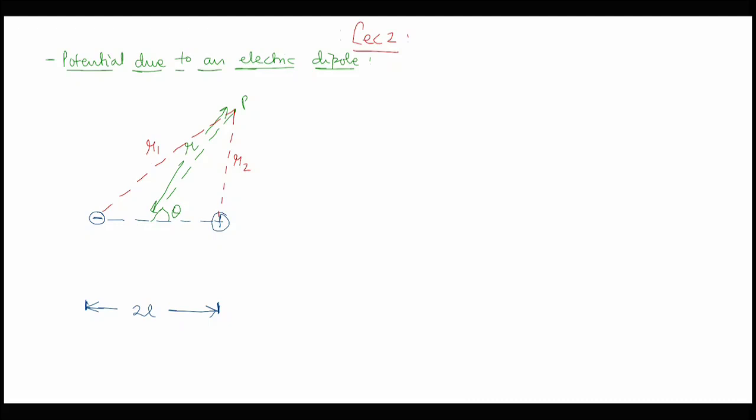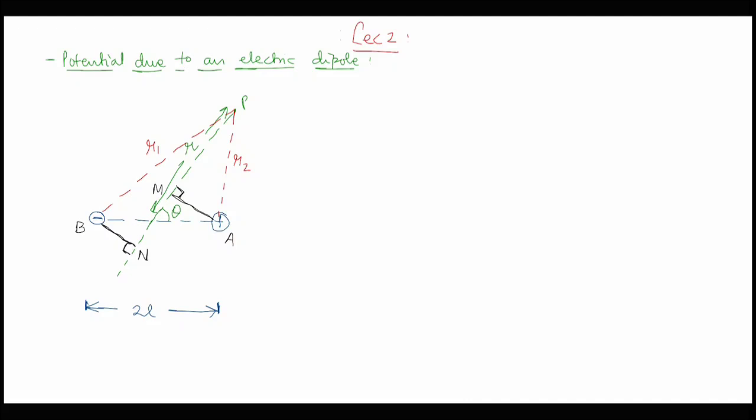If we produce this line in the backward direction, which is the central line, and if we say that the dipole is very small in comparison to the distance r, over here I can draw a perpendicular like this from the negative charge and a perpendicular like this from the positive charge, and if we name these points, I am naming this one as A, this one is B, this one as N, this one as M, and that one is point P.